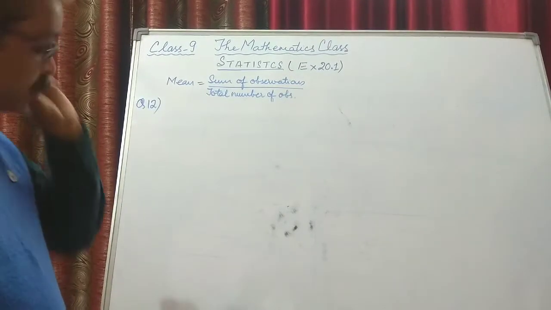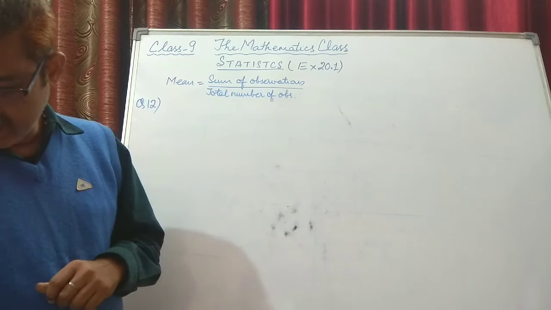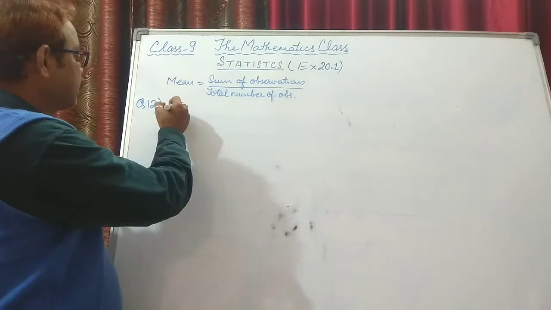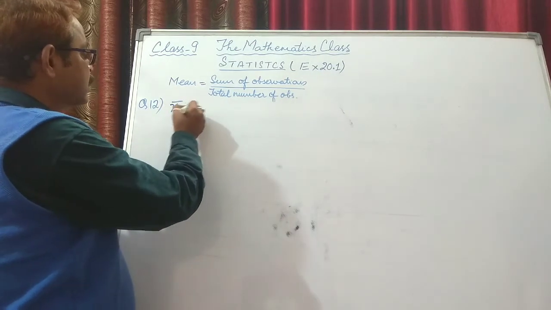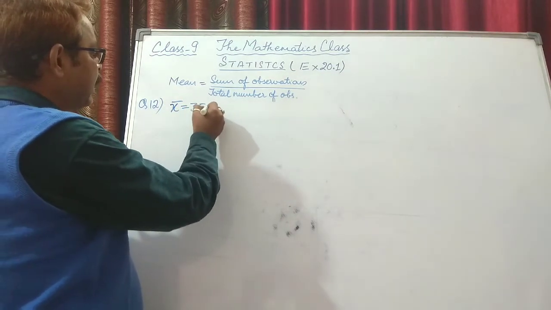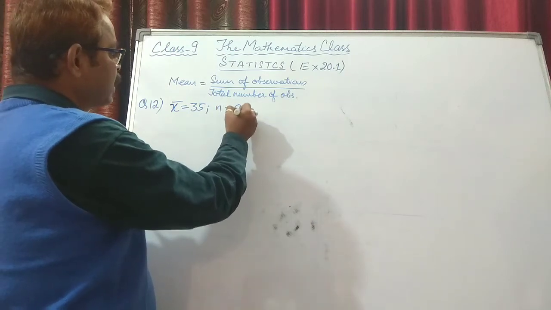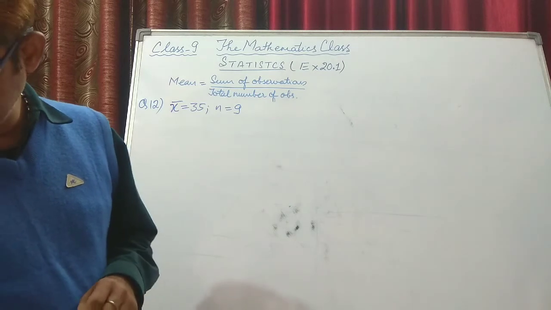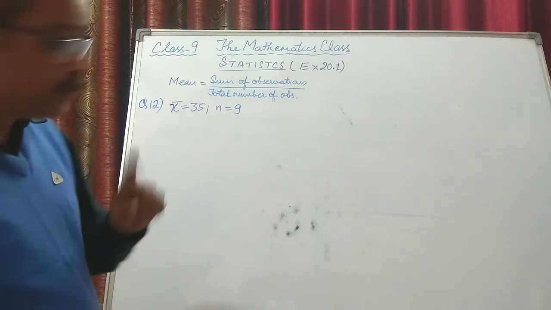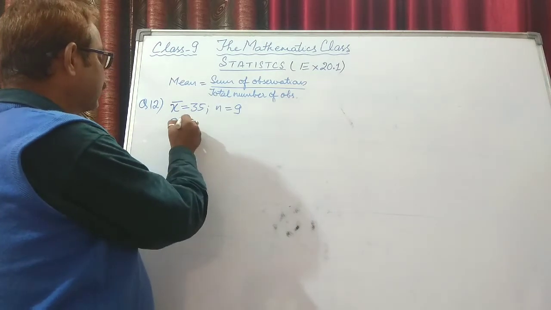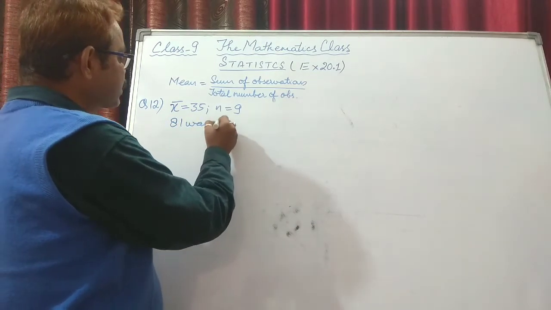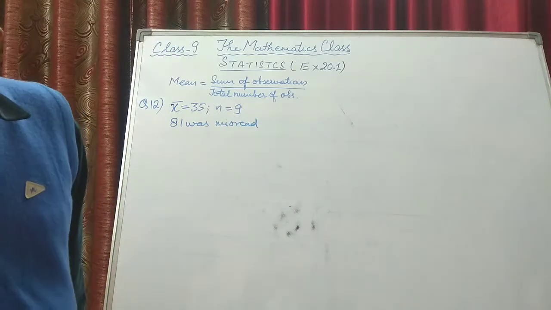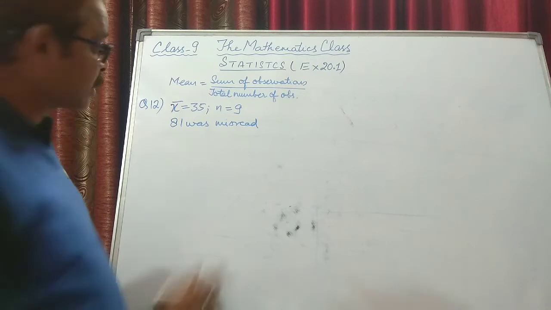Now the next question is question number 12. They say the mean of 9 observations was found to be 35. It means x bar is given as 35 and the number of observations n is 9. Then they say it was detected that an observation 81 was misread as 18.